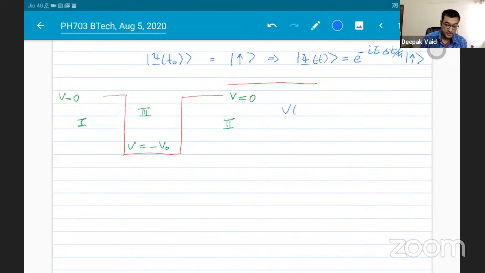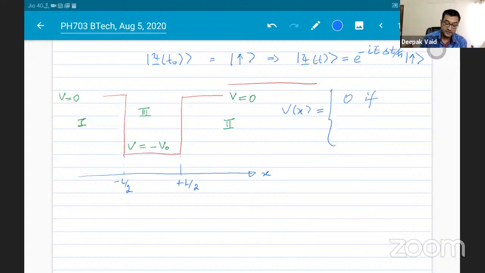We can write this potential energy function V of x as, let me put some coordinates. I have not put any coordinates. Let me do that. I'll say that this is the x-axis, and this edge of the box is at plus L by 2. This edge is at minus L by 2.